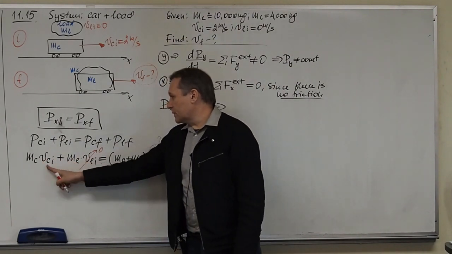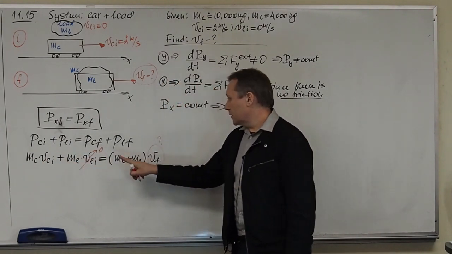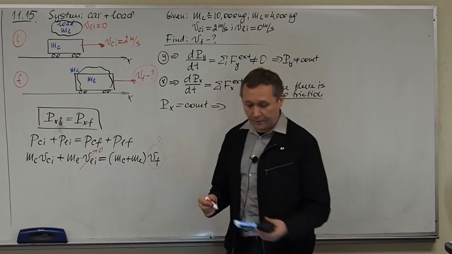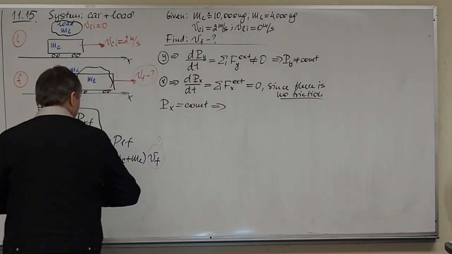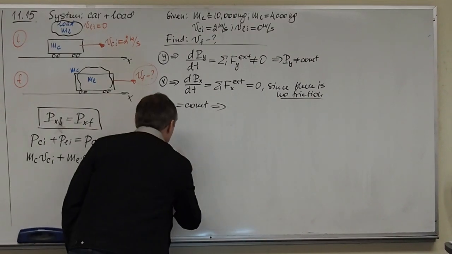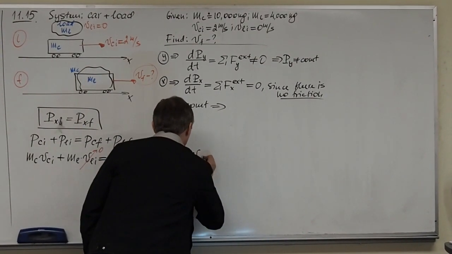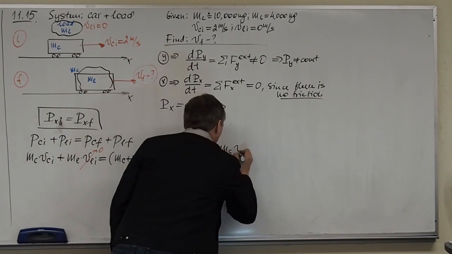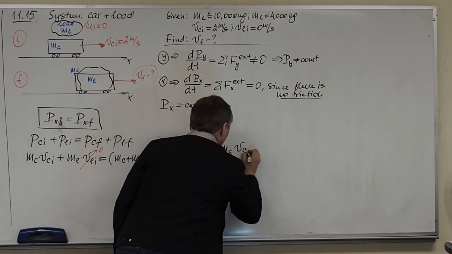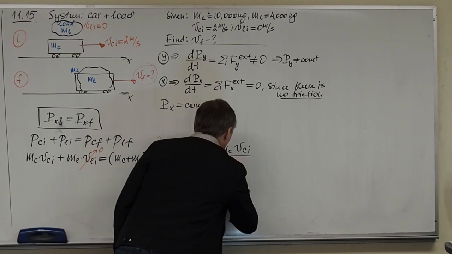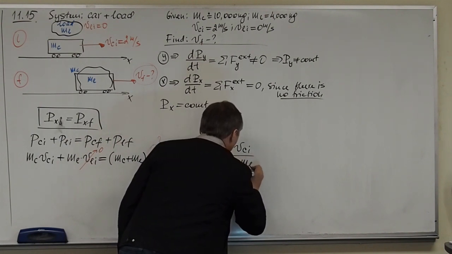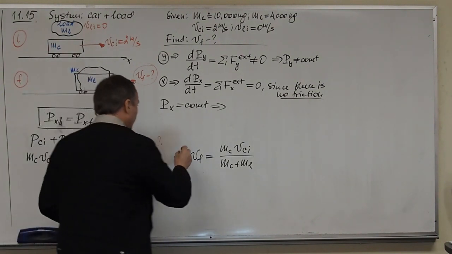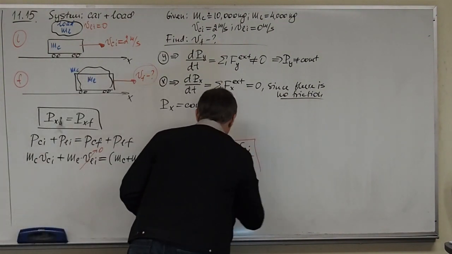This is given, this is given, this is 0, and given and given. So the problem is basically solved. We just need to solve it for v final. So v final would be equal to the mass of the car times the velocity of the car initial, divided by the mass of the car plus the mass of the load. So that's our final result.